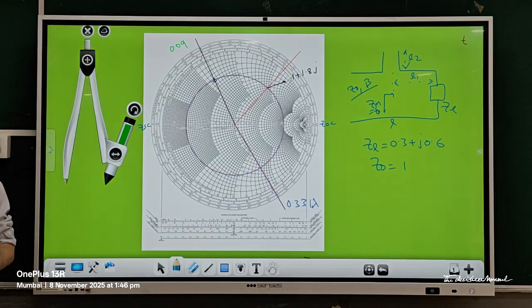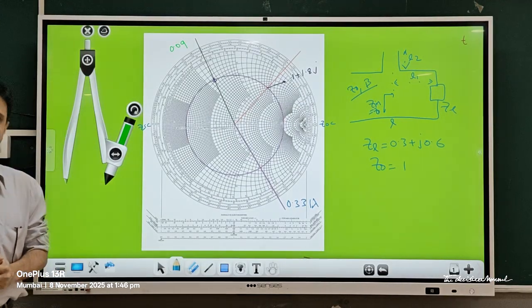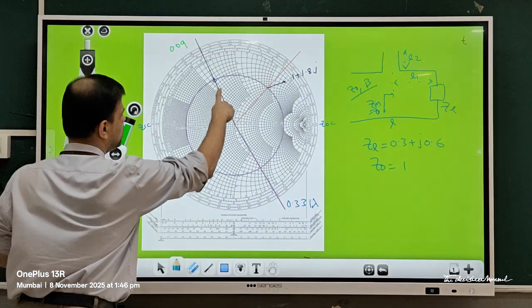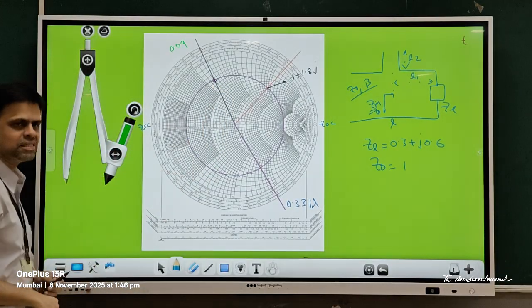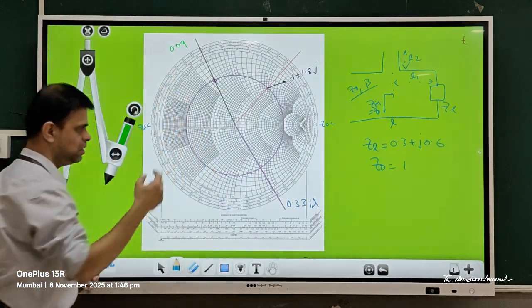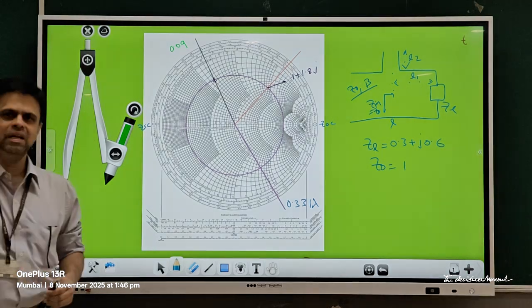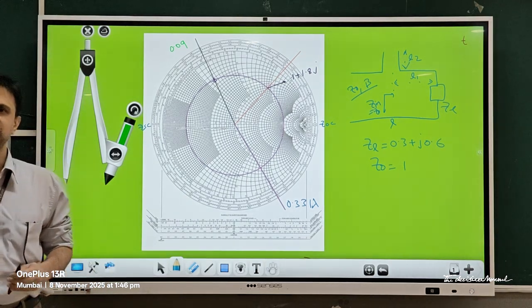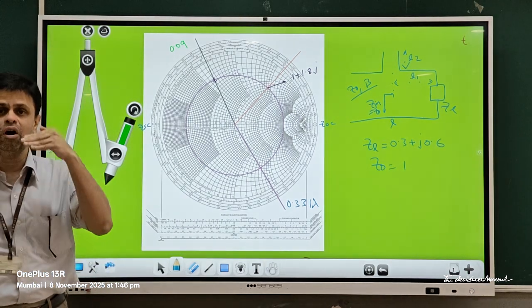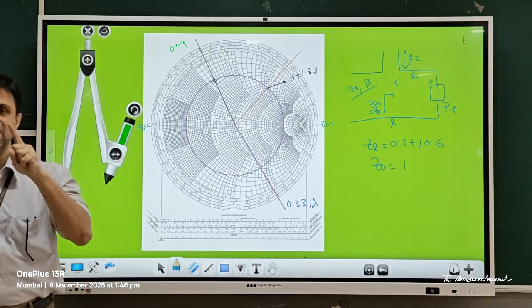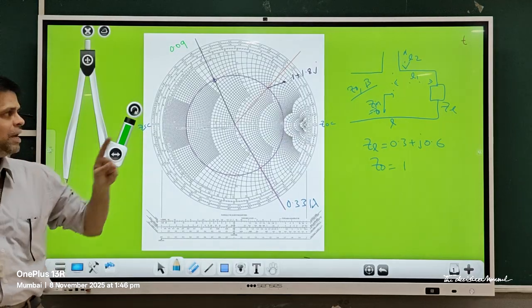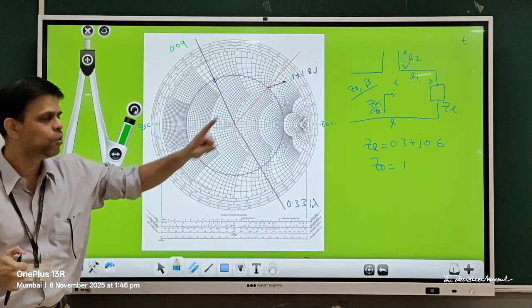The next step is to draw the constant gamma circle. You take this as a radial distance and draw the constant gamma circle. Now what does the constant gamma circle depict? It is basically the locus of points of different values of impedances, but the gamma reflection coefficient remains the same, and that is precisely what is happening over a transmission line.